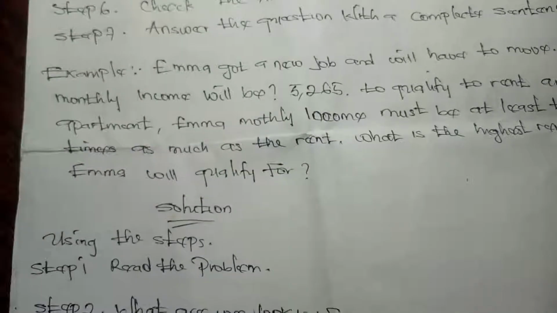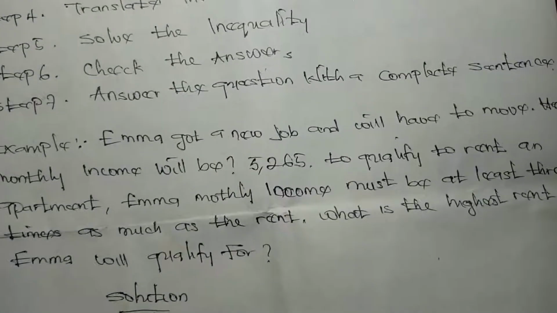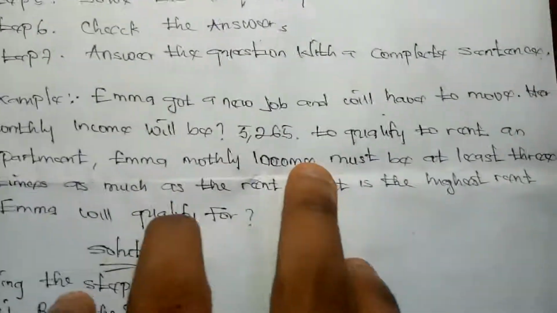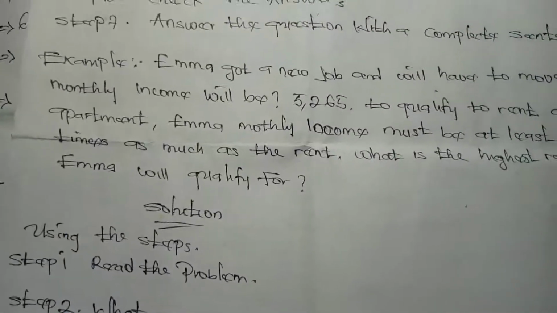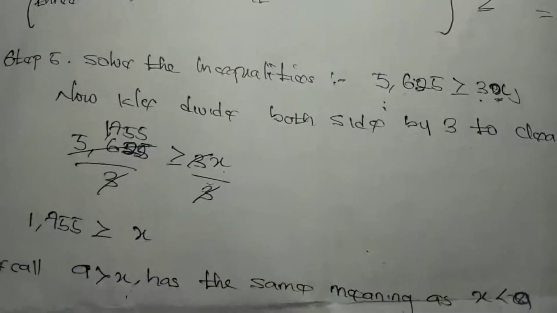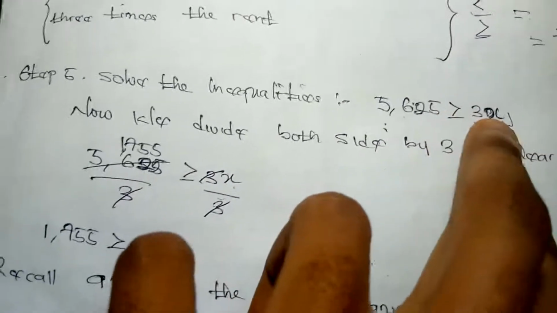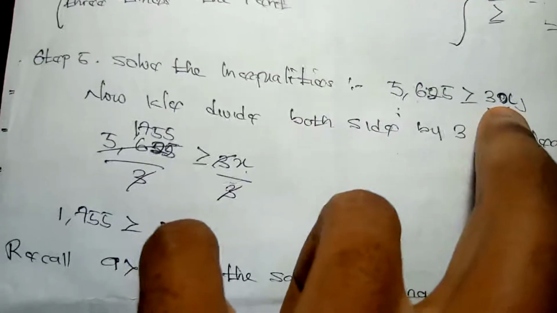The 3 came from the statement that Ima's monthly income must be at least 3 times as much as the rent, and we already know x is the rent. So you multiply 3 by x. That's 3 times the rent, 3 times x.